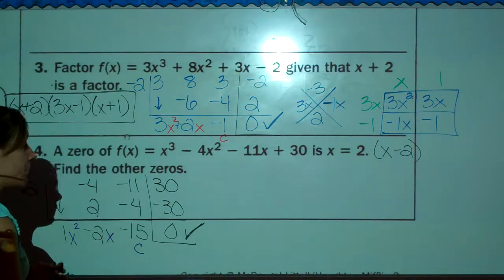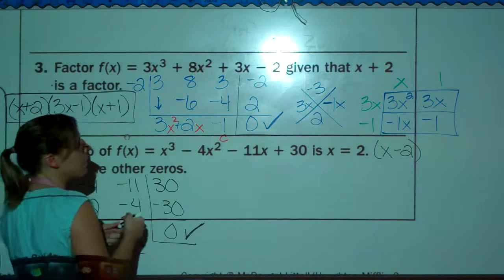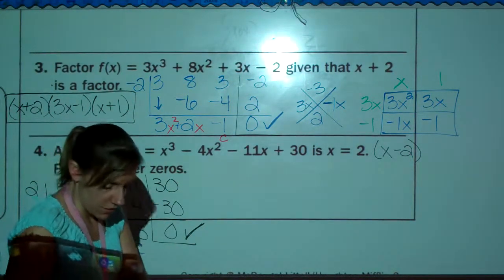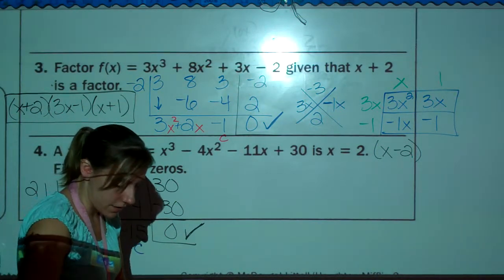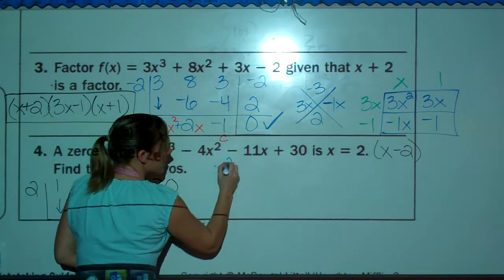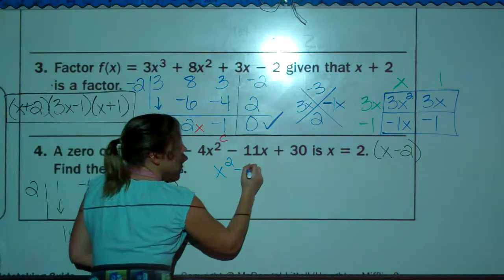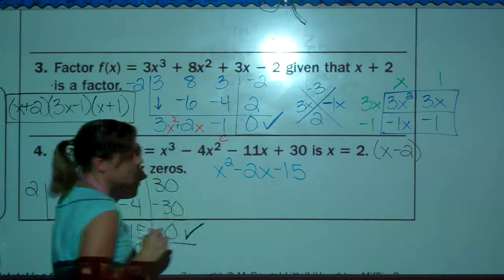So now I need to factor x squared. Let me use a different color so that you can follow it. Okay, now we want to factor this. So x squared minus 2x minus 15.